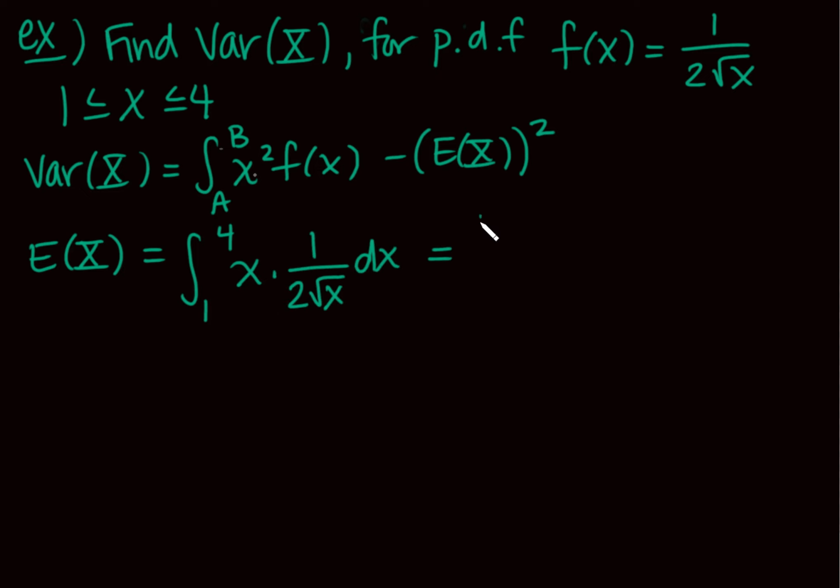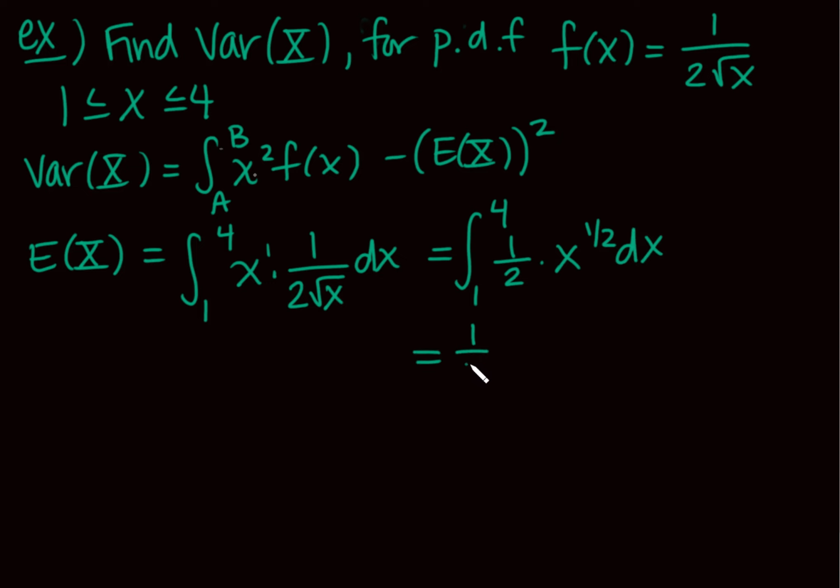So I'm going to simplify this a little bit. This is going to be from 1 to 4. The 2 on the bottom, I'm going to just write as 1/2. And then x to the first power times x to the minus 1/2 gives me x to the positive 1/2 dx. And so what do I get here?